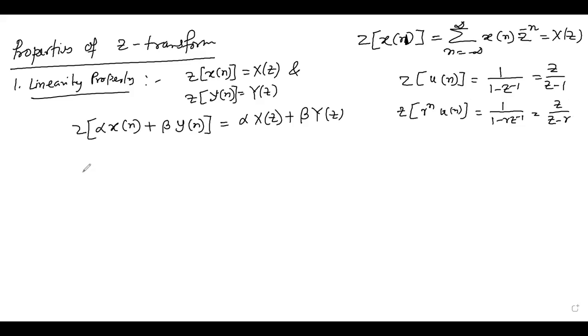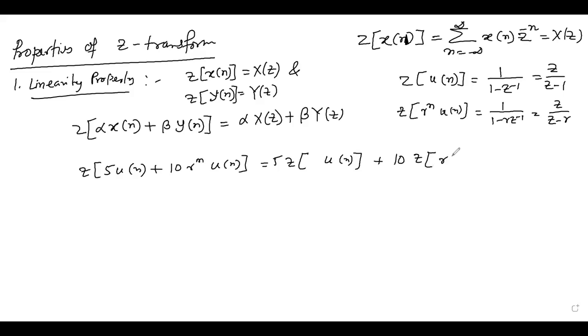So if it's given to find the Z transform of 5 u[n] plus 10 r^n u[n], it will be 5 into the Z transform of u[n] plus 10 into the Z transform of r^n u[n].